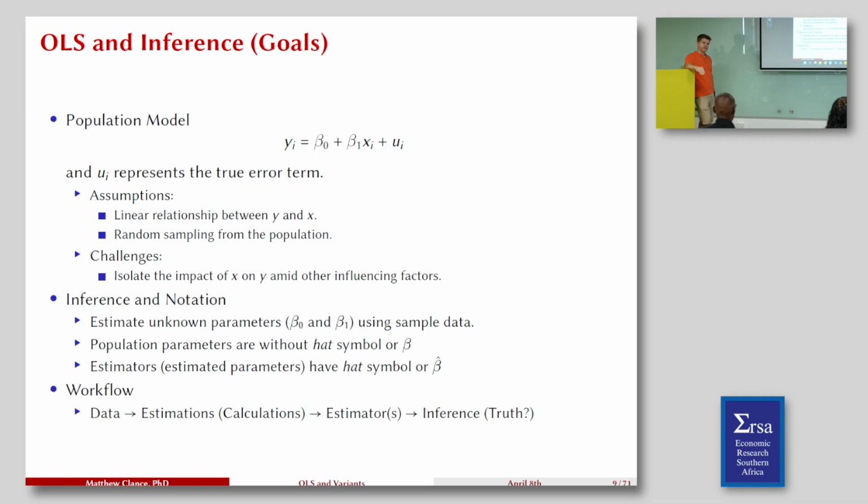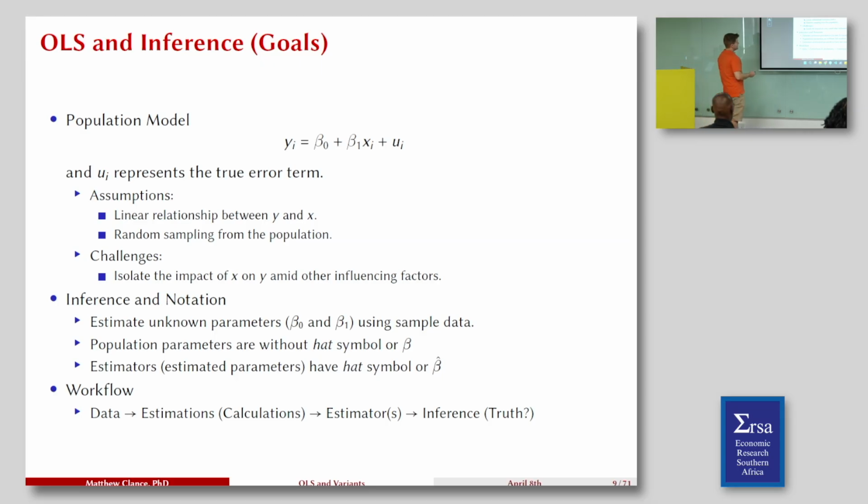Whatever falls into that error term is unobserved, and it makes it where we can't isolate the effect of X on Y, because there's something in the error term that is in a relationship with X that's also determining Y.